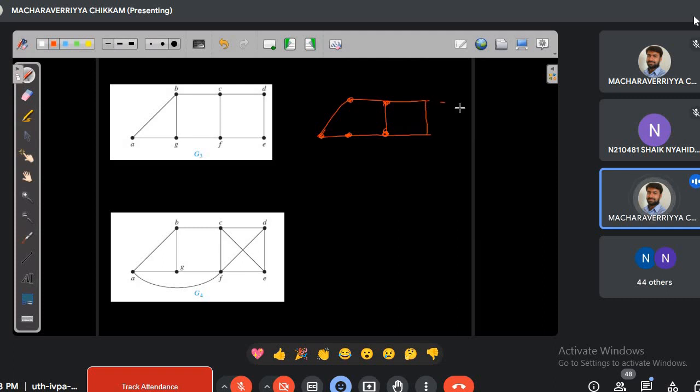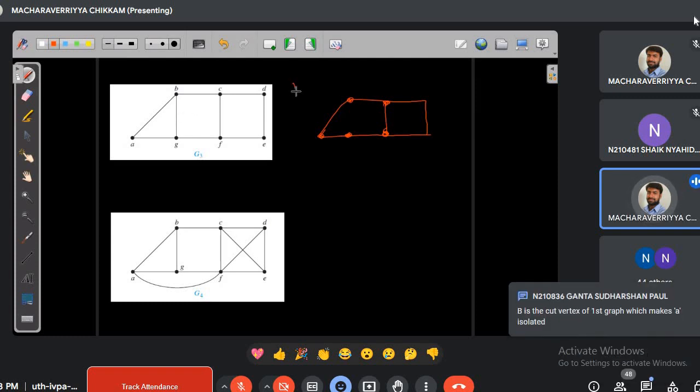So this becomes connected by removing the edge BG. Okay, there is no cut edge, there is no cut vertex for this graph.